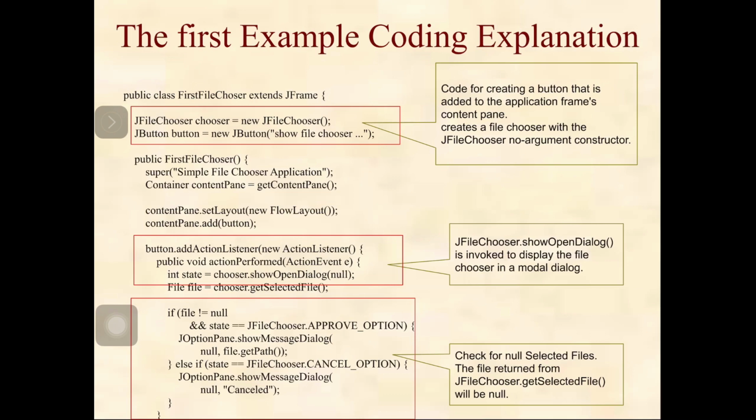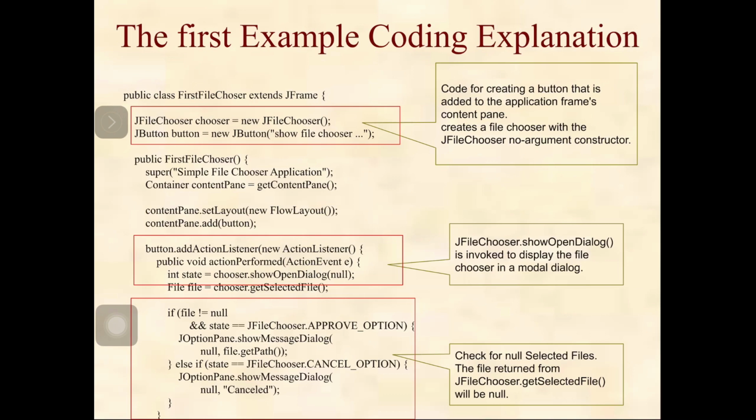When the button contained in the application is activated, the JFileChooser.showOpenDialog method is invoked to display the file chooser in a modal dialog. Because the dialog is modal, the call to the showOpenDialog method does not return until the dialog is dismissed.